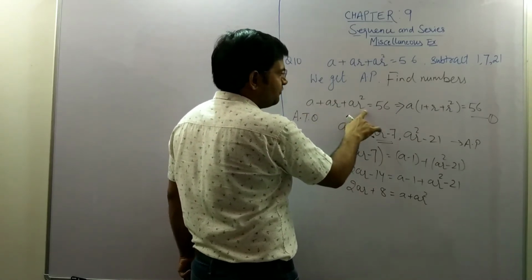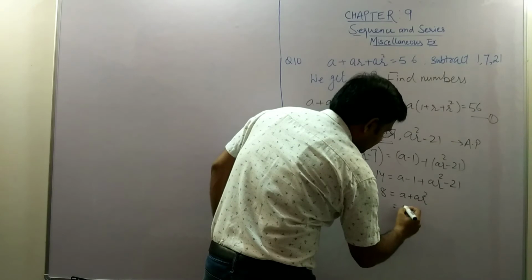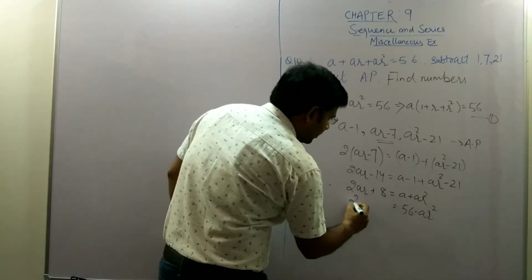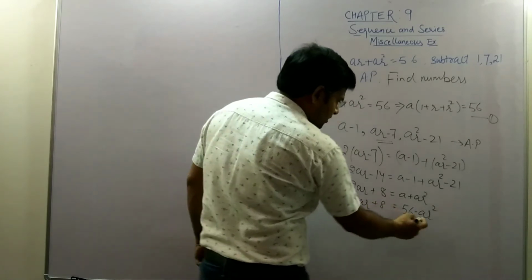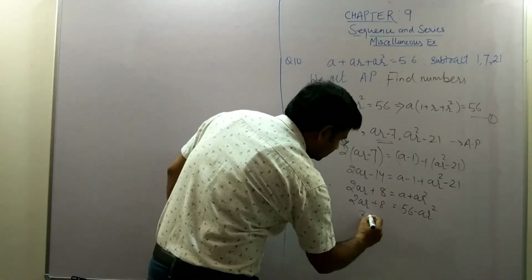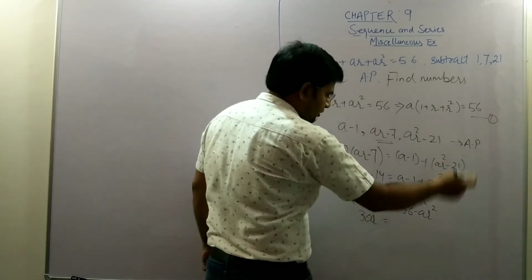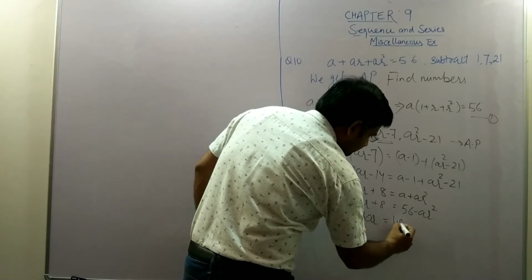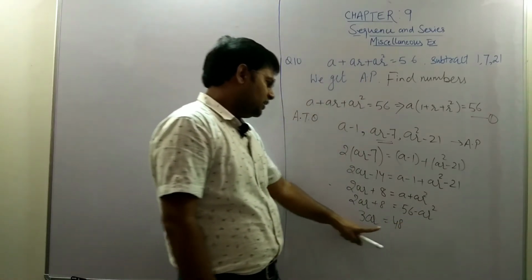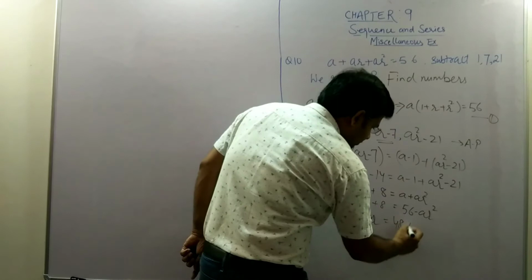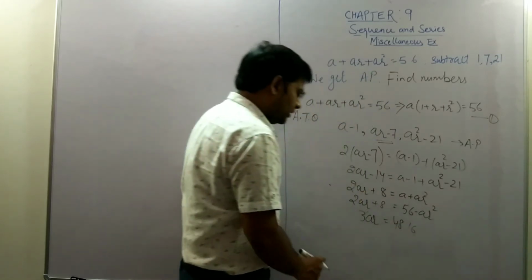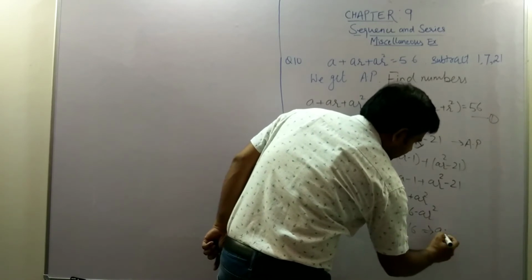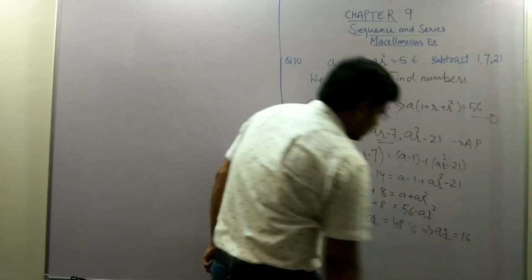This is going to be 56 - ar, so you can write 56 - ar = 2ar + 8. So ar you bring to this side, this becomes 3ar, and 8 you bring to the other side. So 56 - 8, this is going to be 48. Now 3 you can divide, 3 sixes are 18, so the value of ar is 16.